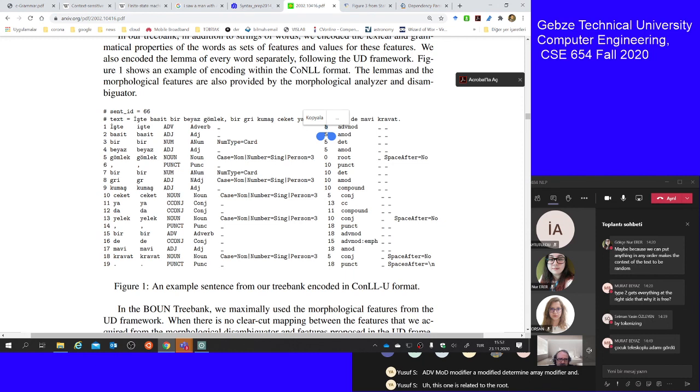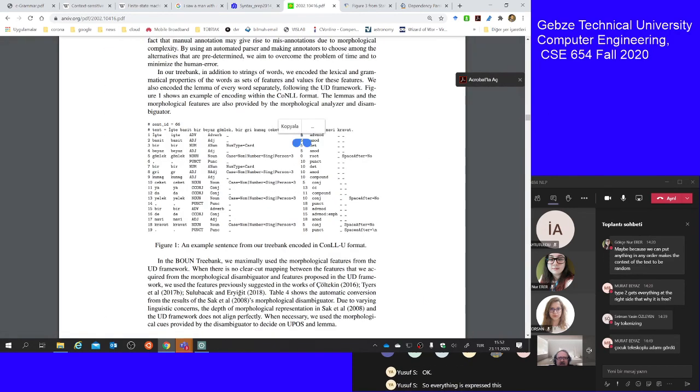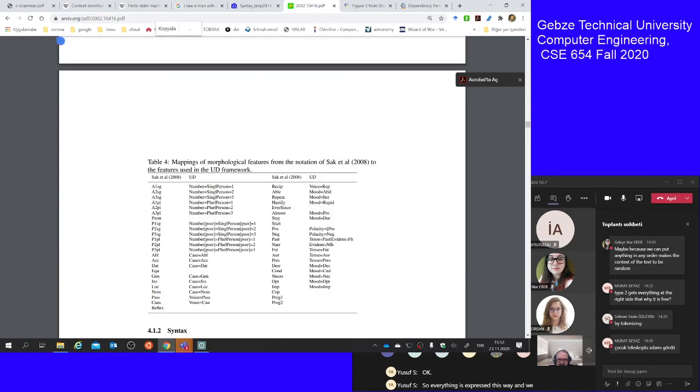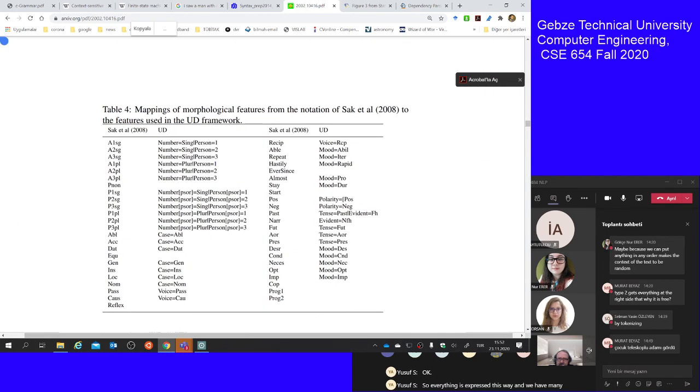So everything is expressed this way, and we have many sentences like that in this data set.